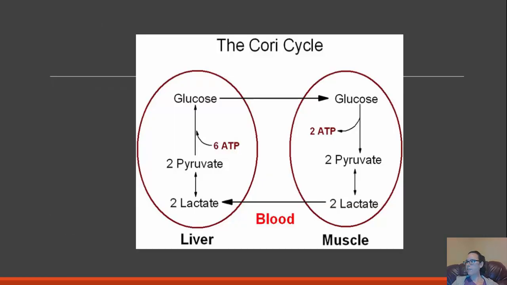I have a graphic of that right here. This one is showing the muscle versus an RBC. Here glucose is converted to pyruvate via glycolysis, but then in anaerobic conditions, the pyruvate cannot go through the TCA cycle and electron transport chain. So instead, it is converted to lactate by lactate dehydrogenase.